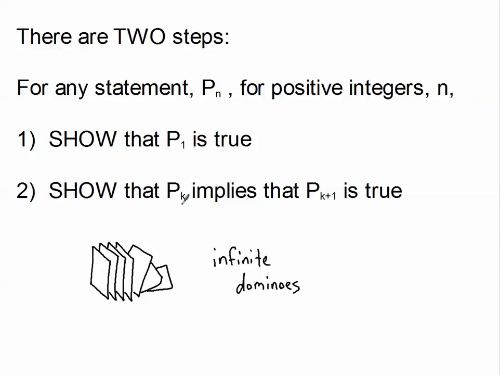If you can prove that any domino knocks over the next domino, and you can prove that the first domino is there, then you've basically proven every domino can be knocked over, because the first one will knock over the second one, and the second one will knock over the third one, and the third one will knock over the fourth one, and so on and so forth. They'll all fall down. So if we can prove both of these things, then we have proven that the formula is true.